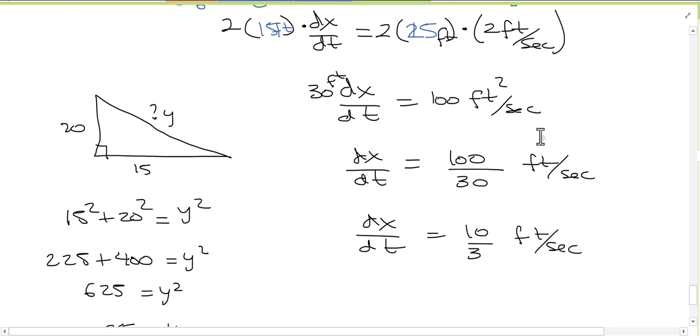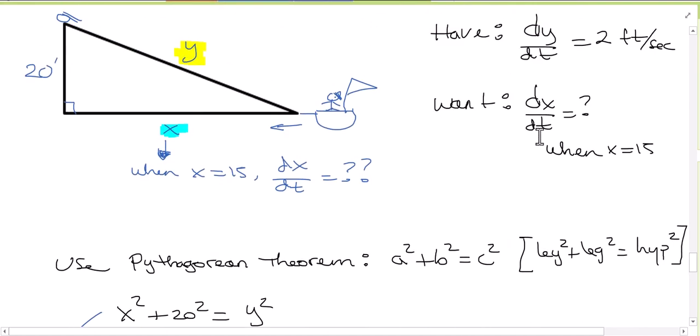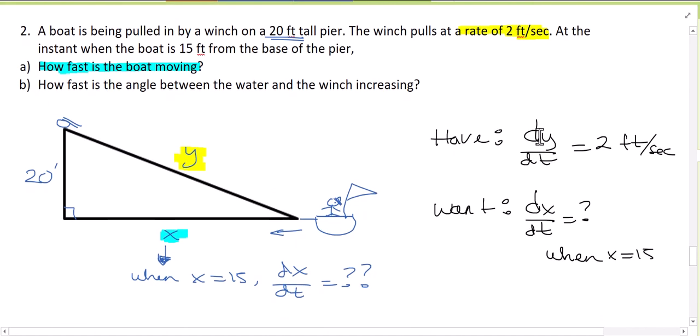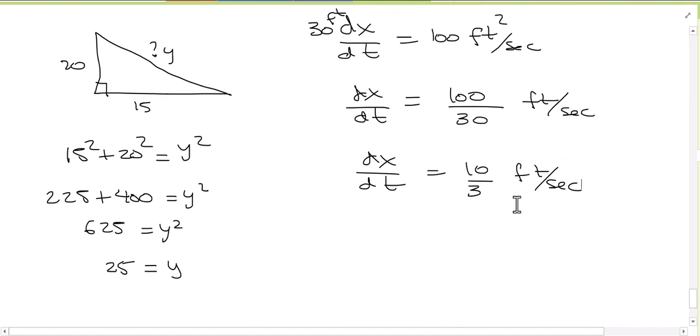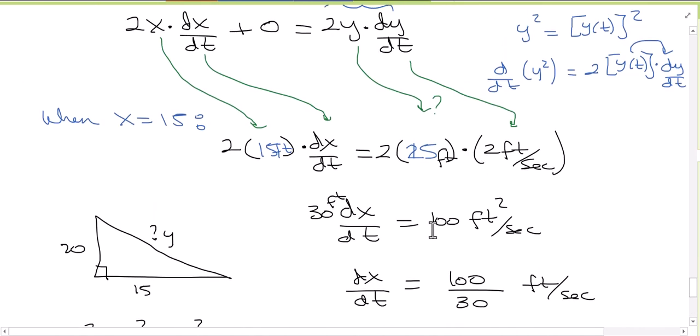Now the one thing to note is what is happening in this situation as we're pulling. Are the distances decreasing or increasing? They're decreasing, right? So one thing I could have done is put a negative here, that dy/dt is negative, and that would have made this a negative 100.